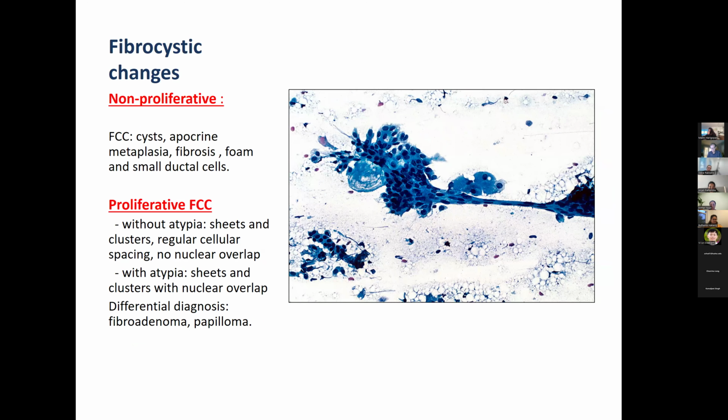So let's go to another entity that is called the fibrocystic changes. And in surgical pathology, we describe that to be something that has ductal epithelial clusters. You have apocrine metaplastic cells. You have foamy histiocytes. So these are important to recognize because they can be non-proliferative or proliferative.